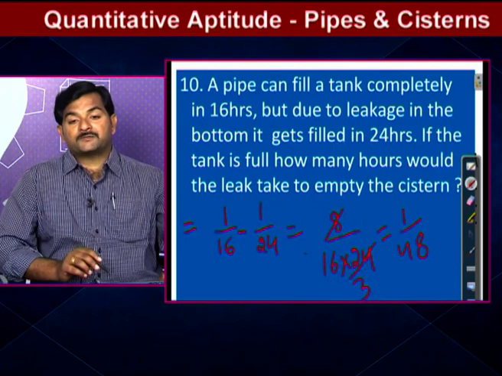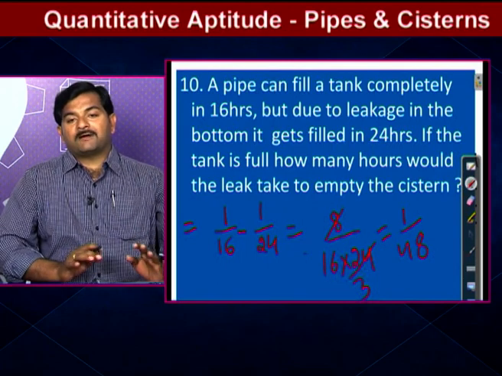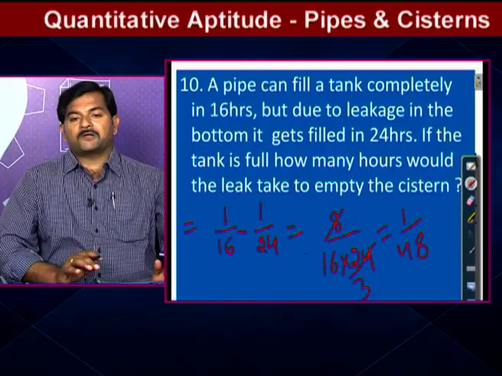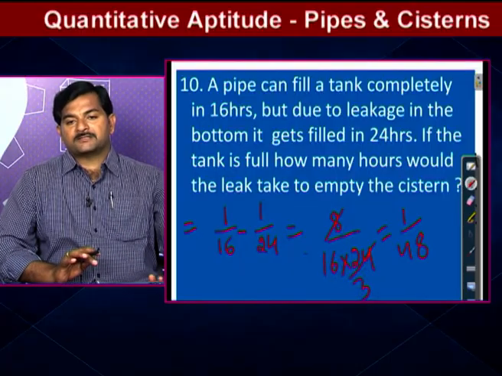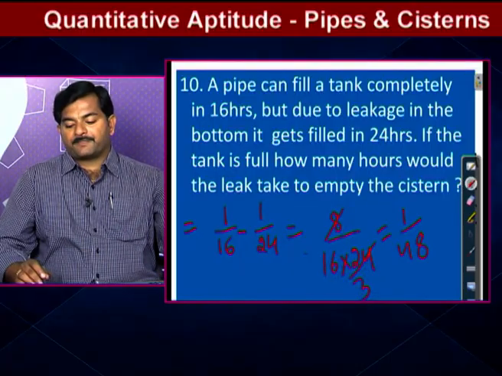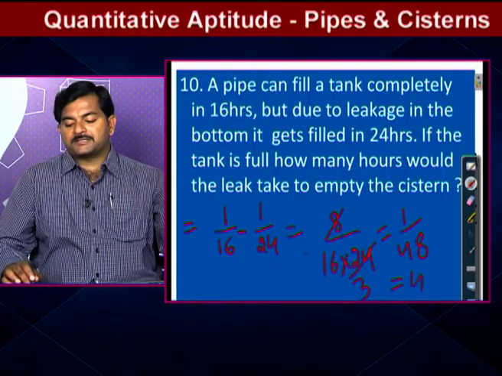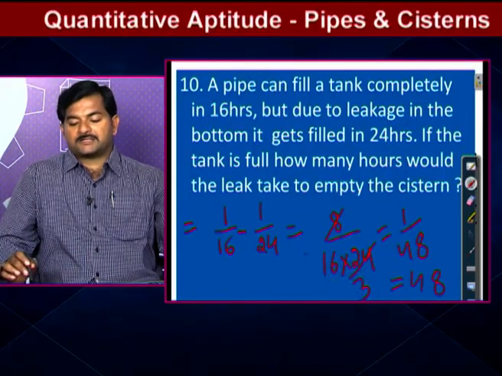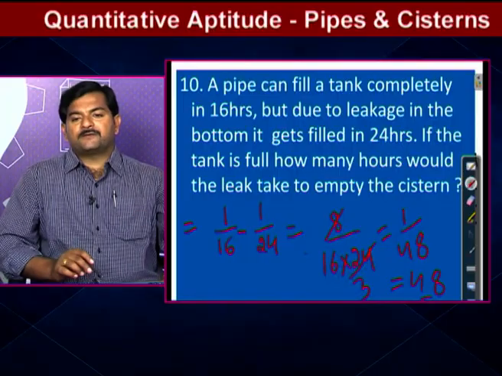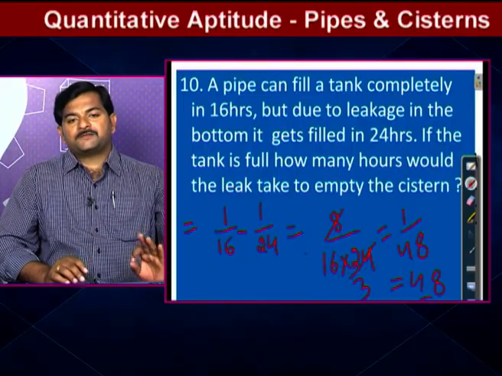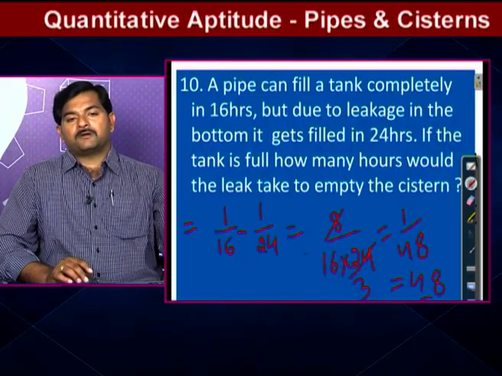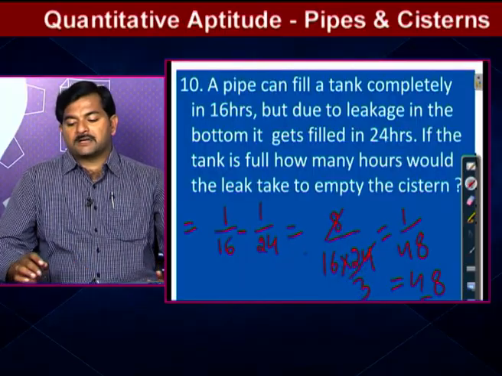So 1/48 means the work done in 1 hour, because he gave all the values in terms of hours. Therefore, total work can be finished in 48 hours. So nothing new in that, it's very clear. Leakage means simply I am taking minus. Keep that concept in mind.